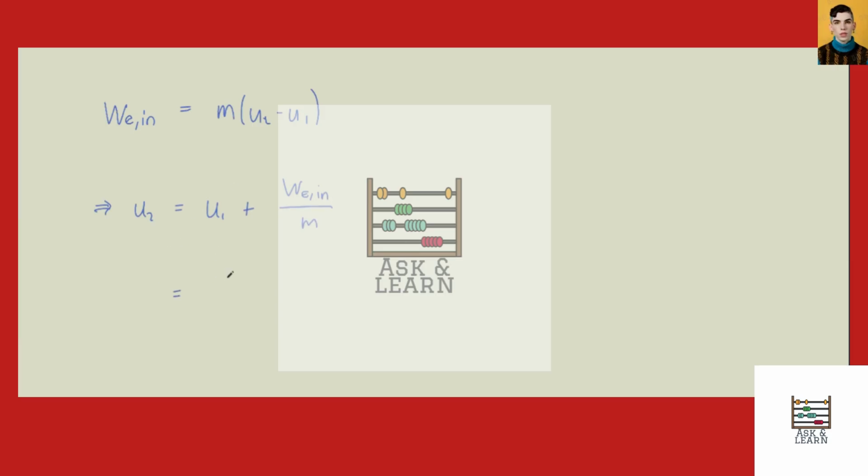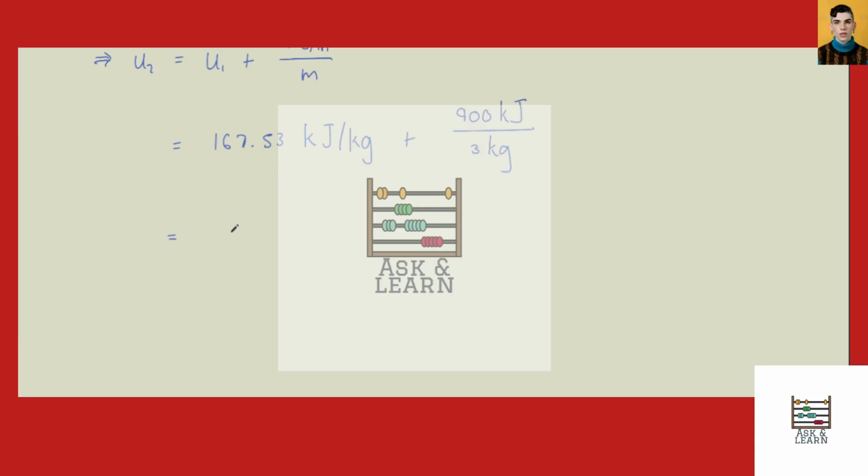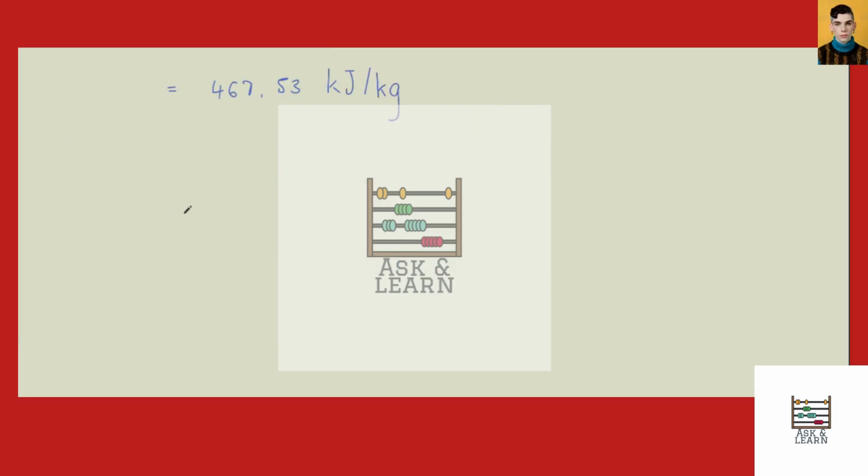And so this is equal to 167.53 kilojoules per kg plus the electrical work done, 900 kilojoules, over the mass of water, which is 3 kg. And so we get the specific internal energy at the final state to be 467.53 kilojoules per kg.